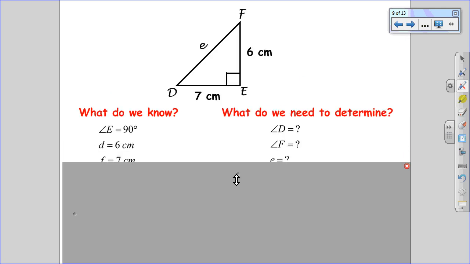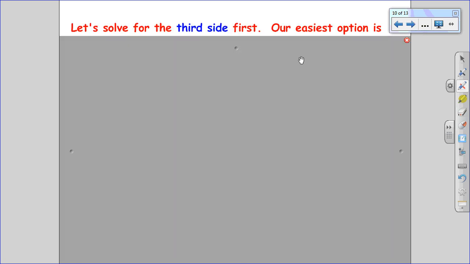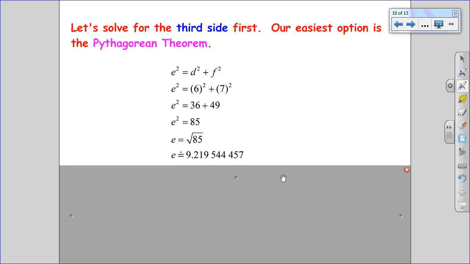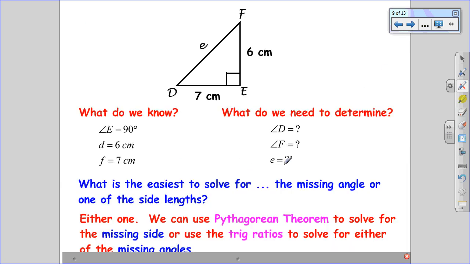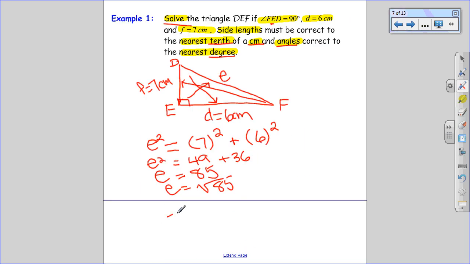See how much prettier it is for you to copy? Okay, and there is the answer. I was close, 9.2. Okay, so once I have that, it's said to the nearest tenth. We can go back to our blank screen here. And E is around 9.2, and I need to have my units, which is centimeters.